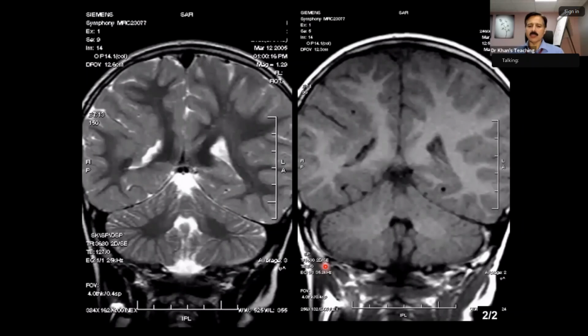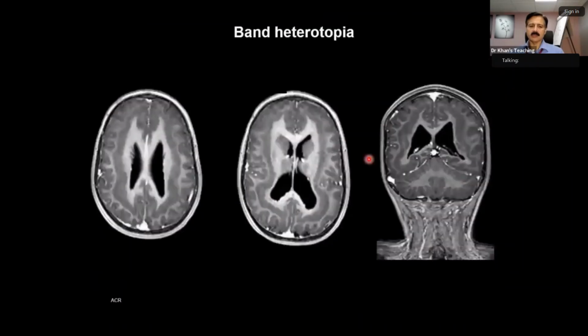Third type of heterotopia. This is a sort of coronal of the same patient, and you can see that it actually goes all the way and touches the ventricle also here. The third type is this type, known as band heterotopia, in which the gray matter cells are bilateral and symmetrical, so it becomes more difficult in this particular example.